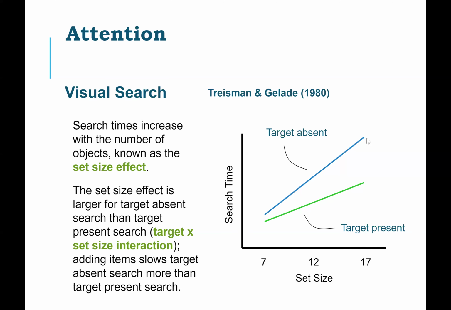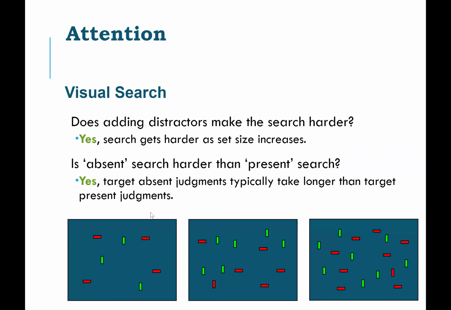But for those of you who've taken stats, there's an interaction here, right? As the set size gets longer, the target absent search gets significantly more difficult than the target present search. The reason is that when you want to say absent, you have to exhaustively search the space, scanning the whole image, in order to get to the decision that it is absent.